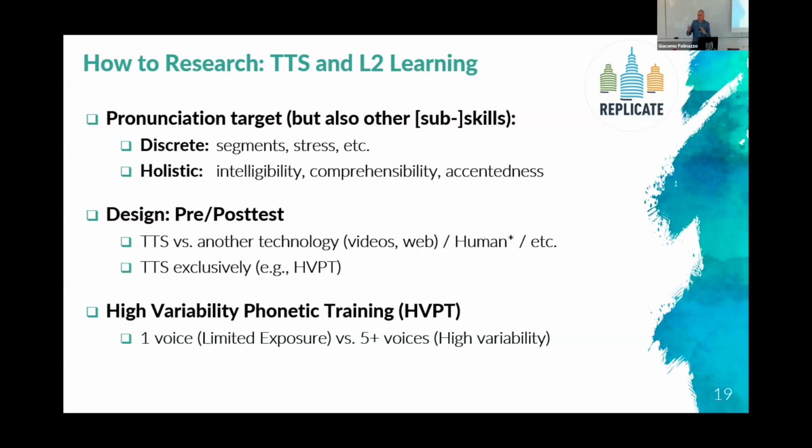So you could, for example, have a group using text-to-speech and the other group not using text-to-speech, and then come up with a set of activities in which your participants would be engaged. And then at the end, you would verify which group did better.